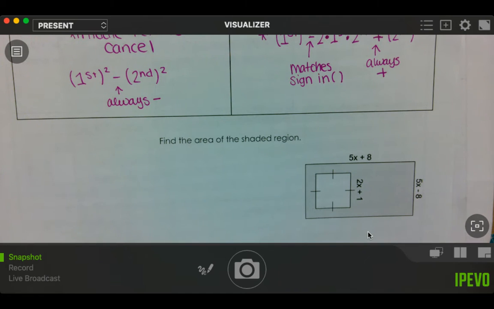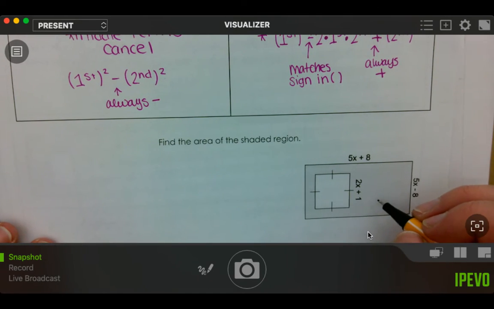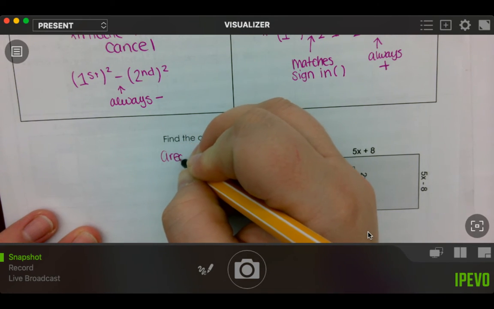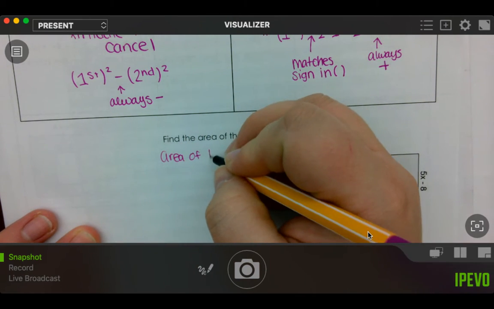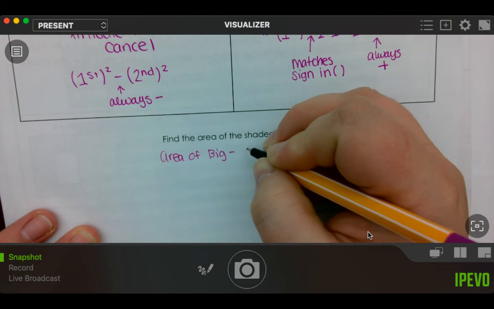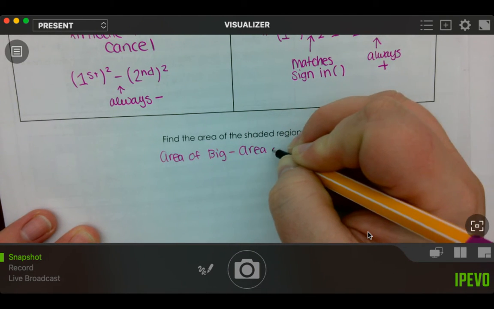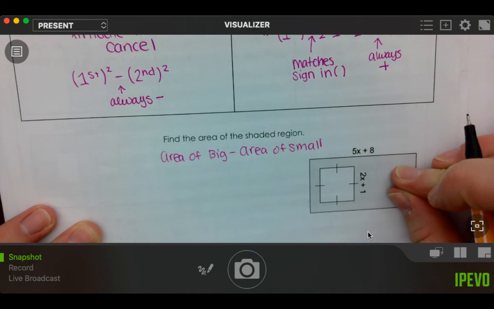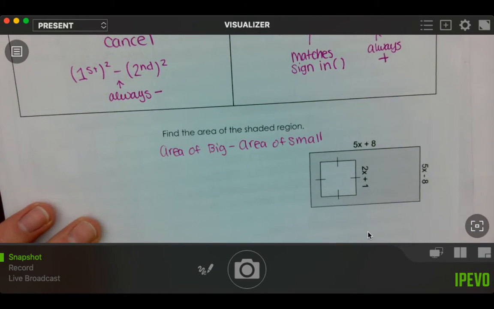If you're trying to find the area of this shaded area, what you need to do is the area of the big one minus the area of the small one. Because if you take this area and you just cut out this little bit, that's what you have left.